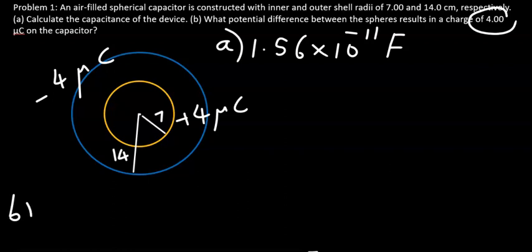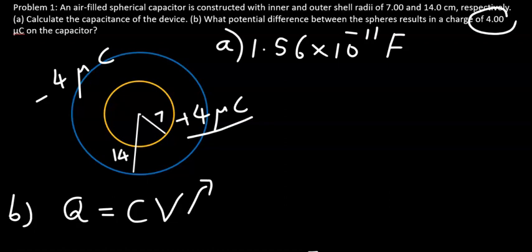Now to determine the potential difference, we can use the formula that we are familiar with. Charge equals capacitance times the potential difference. Since we know what the charge is, it's 4 microcoulomb, so micro is 10 to the power minus 6.